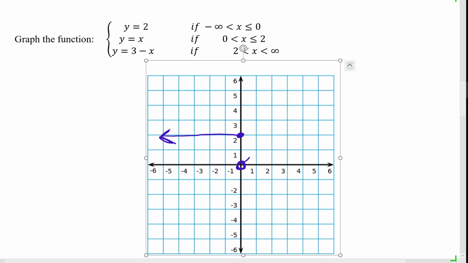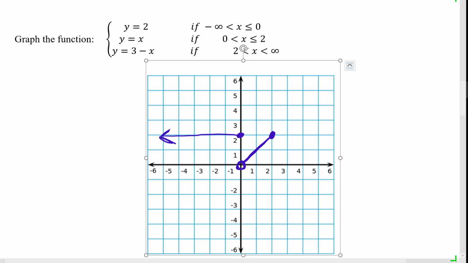So it looks like this. Up 1 over 1, up 1 over 1. And that's what's happening to this graph as we go on our x-axis from 0 to 2 and including 2, because it says less than or equal to 2. So that's what's happening in the second part of this graph.